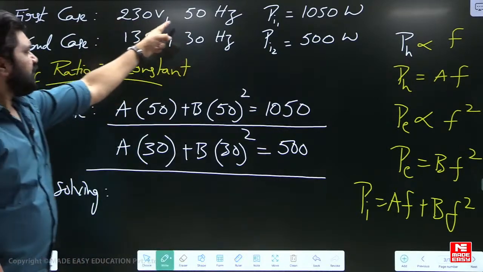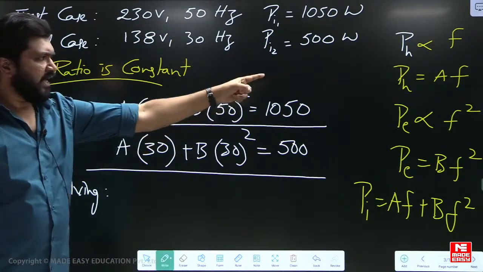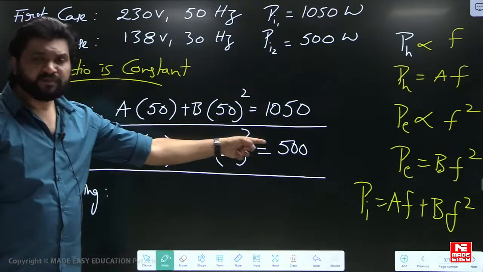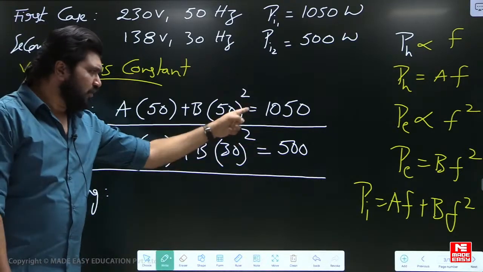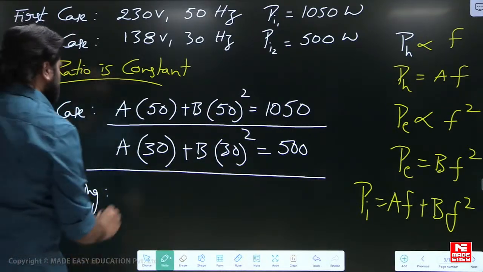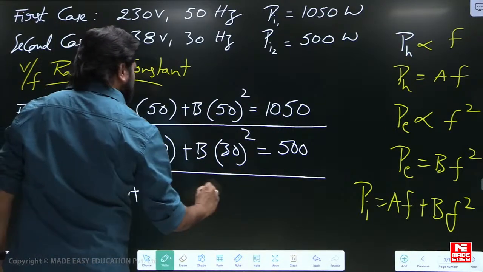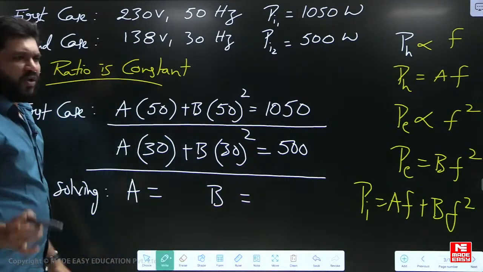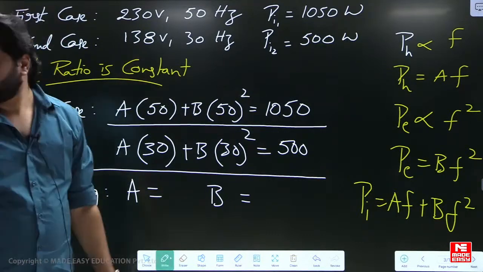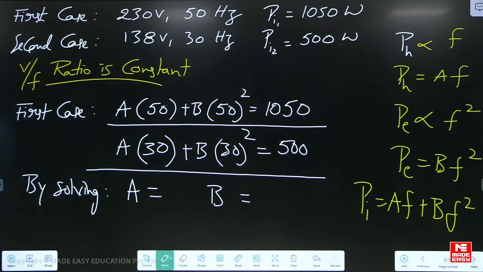Iron loss with 50 Hertz is AF plus BF square. Second case, AF plus BF square. This is the iron loss. So by solving these two equations, we can calculate A and B values. Once you know A and B, you can get back to the question you are asked.